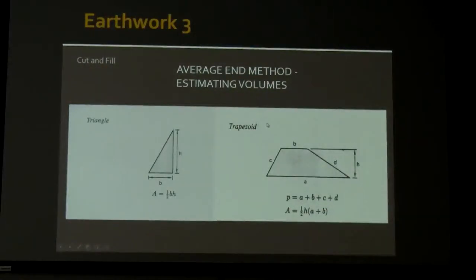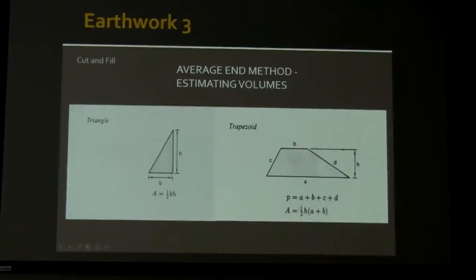A couple of formulas that we should remember. Of course, the formula for a triangle is the area is equal to 1/2 b times h, because b times h would give us the area of a rectangle. Divide that by 2, we get the area of the triangle from corner to opposite corner. Here in a trapezoid, it's a very similar formula.